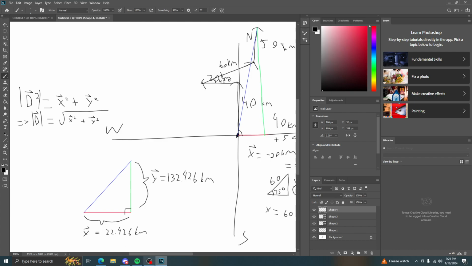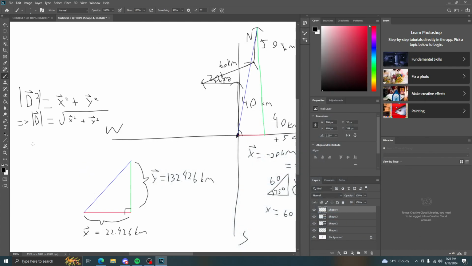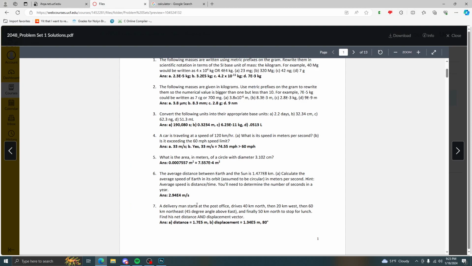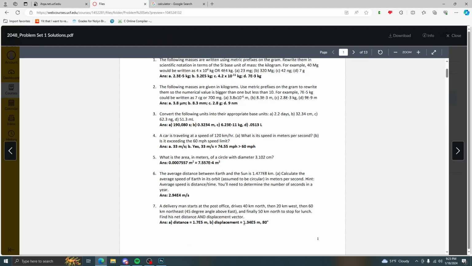And then you would just plug in 22.426 and 132.426. I'm just going to do that off camera. And for the magnitude, we get 134.311 kilometers. The final answer here is in meters, so to do that, you just convert it to meters. And also it has it in scientific notation.